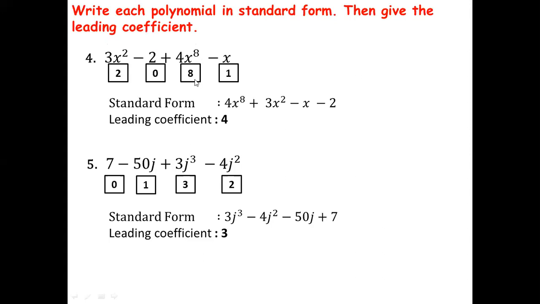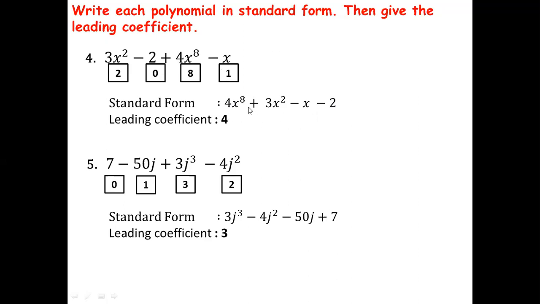Now the degree for this is going to be 8, and the degree for this is going to be 1. So to write the polynomial in standard form, you have to arrange from the greatest degree to the least one. So the greatest one is 8, so that means this term comes first, then this term comes next, this comes, then finally last comes the one without the variable.